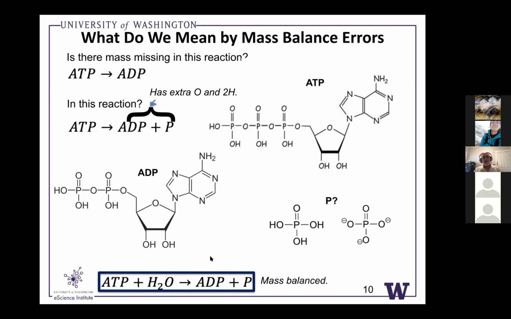So I guess then the next question comes in: okay, ATP hydrolysis seems like a relatively simple reaction. You get into more complicated reactions, especially involving large molecules that could be in various states of methylation, acetylation, who knows what, protonation.